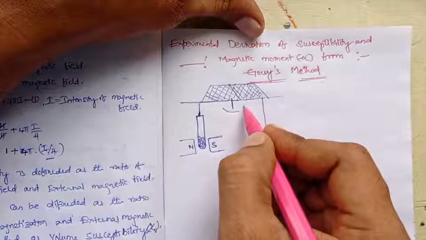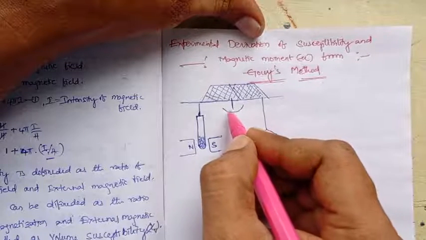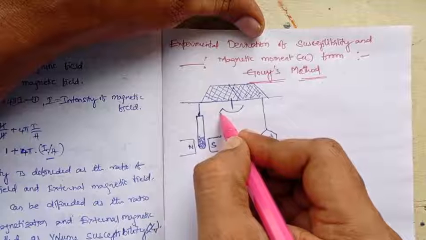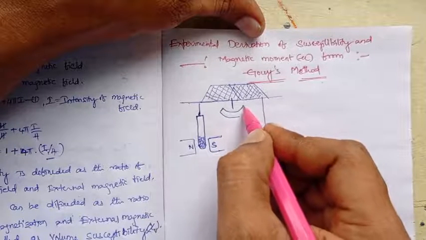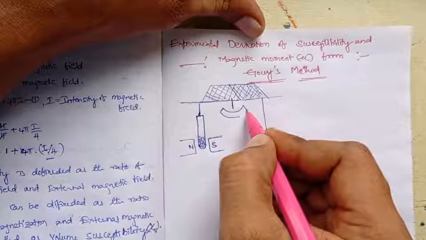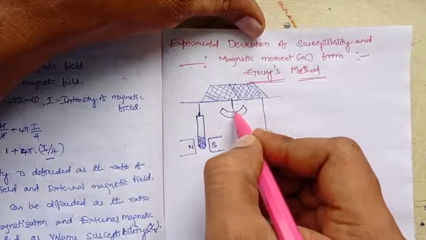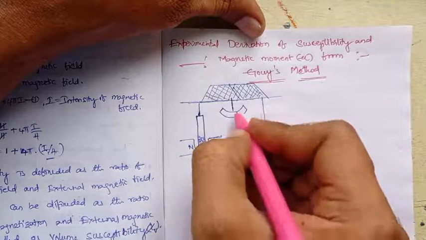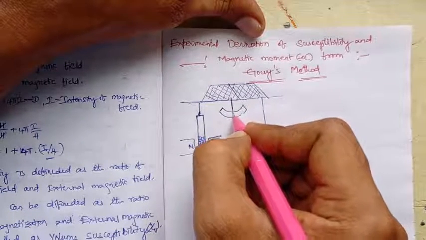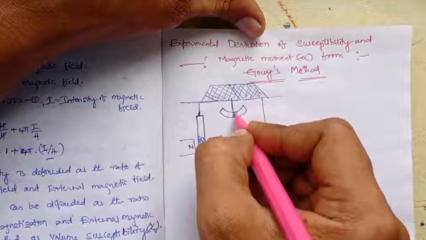And in the middle of the base of the balance, there will be a scale which indicates the weights.